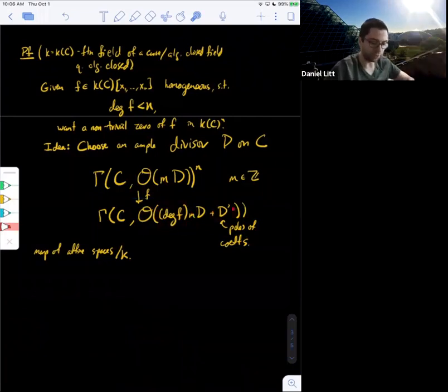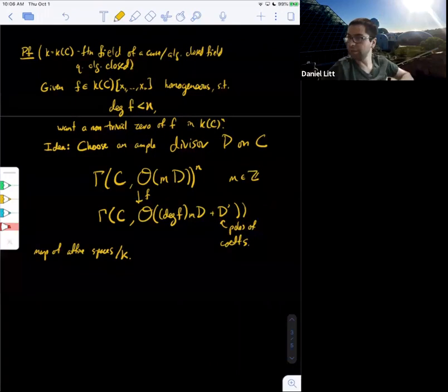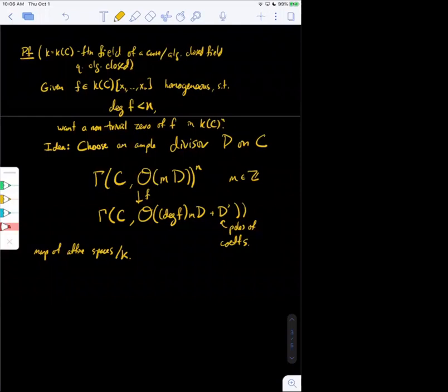But then we have some extra poles maybe from the coefficients of f, which are rational functions on C, so they may have poles as well. Does anyone else have questions about that, or did that answer your question, Peter? Yes, thanks. Right.